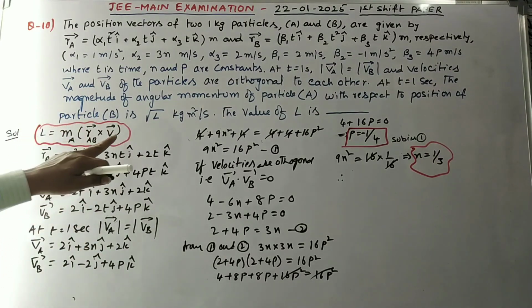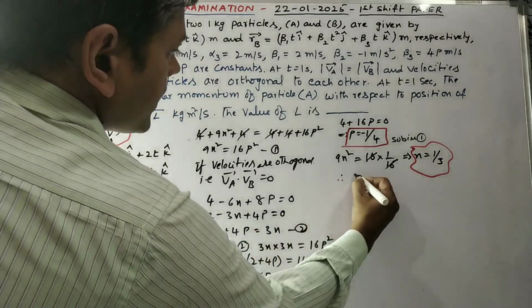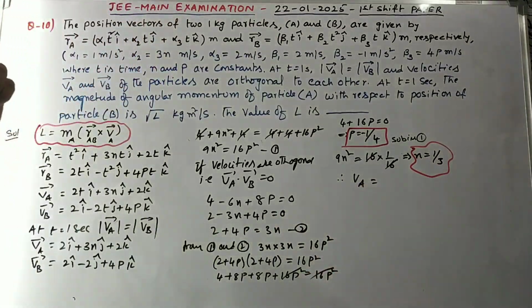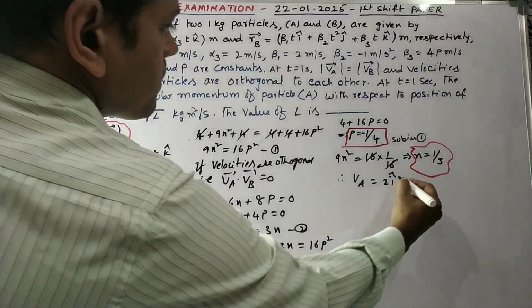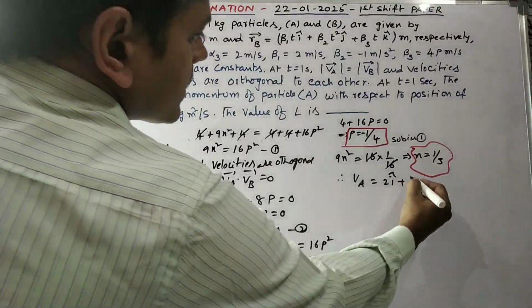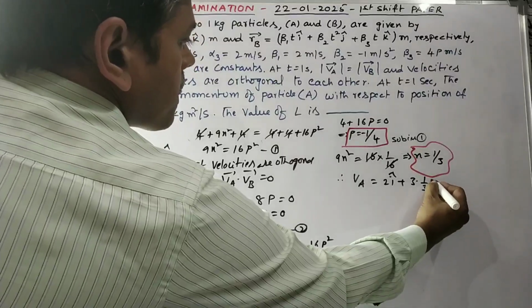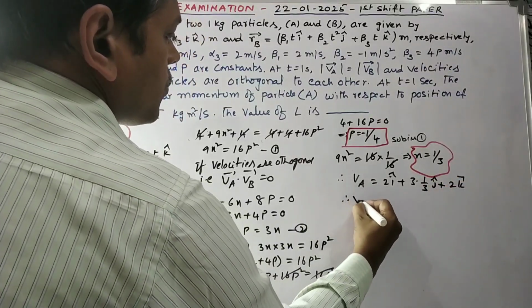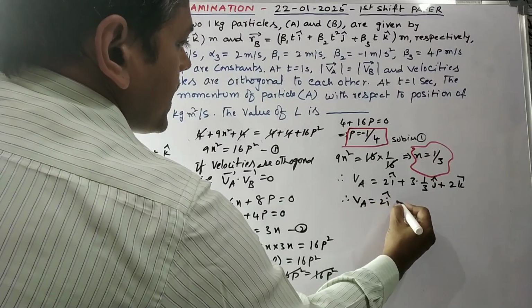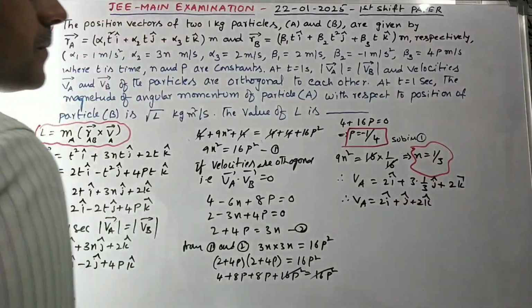So in this one we require the velocity vector of A. Therefore VA is equal to 2 i cap plus 3n, which means 3 into 1 by 3 j cap, plus 2 k cap. Therefore VA is equal to 2 i cap plus j cap plus 2 k cap.